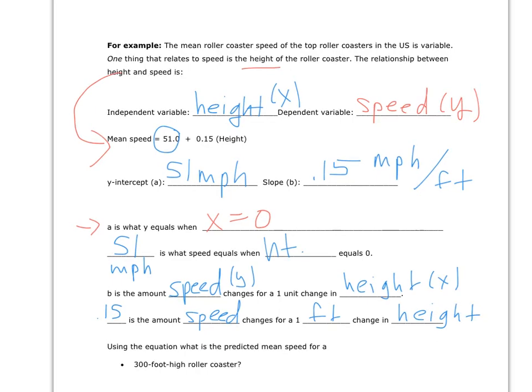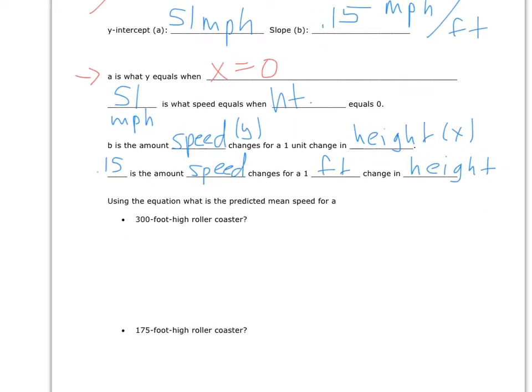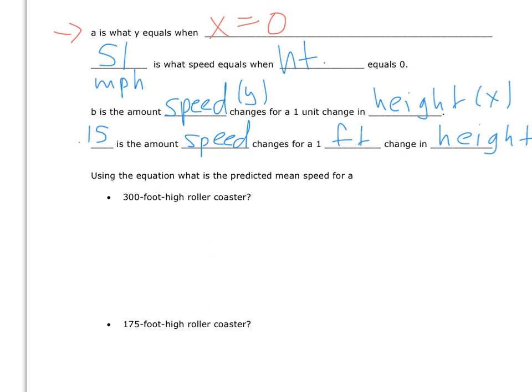All right, so once we have this equation, which we'll talk about how we get the equation, how we get the A and the B, once we have it, we can use it to predict what a mean value, or a mean speed, is. So if we have a 300-foot high roller coaster, we have x equal to 300. So to get the speed, we replace x with that 300.